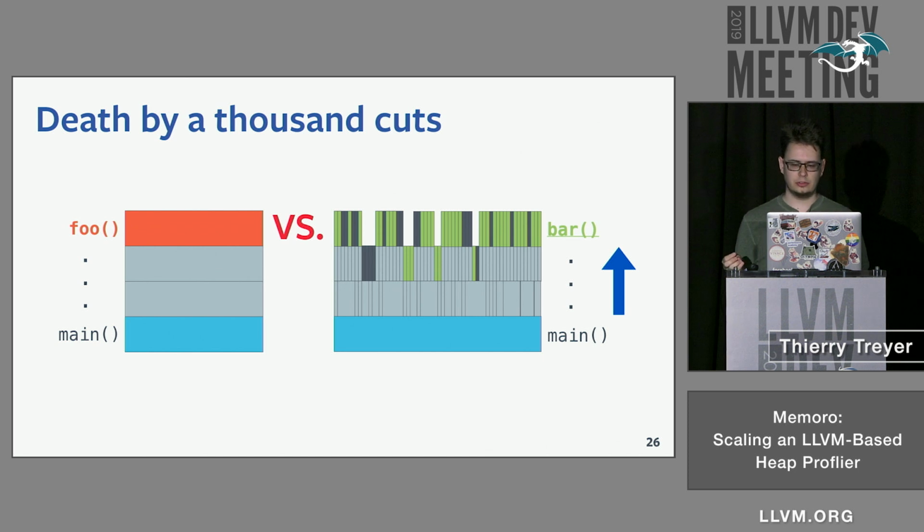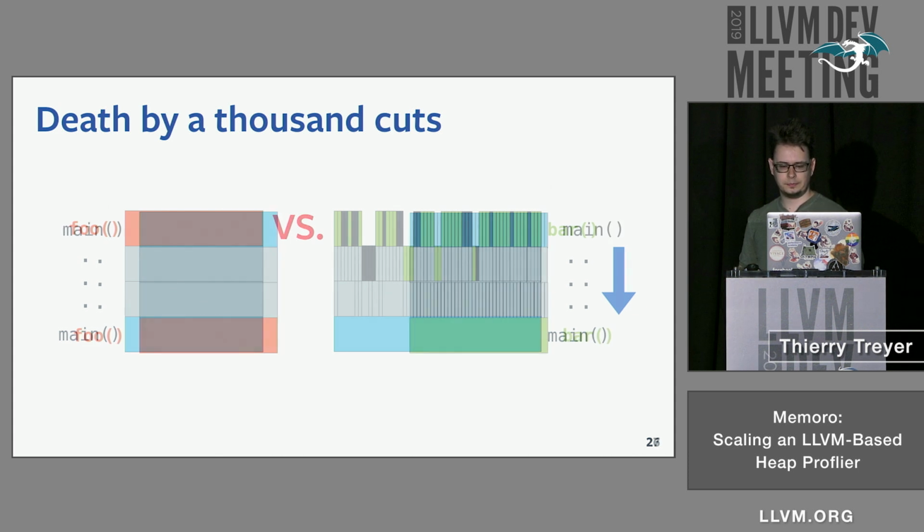So one solution to still highlight the impact of bar would be simply to build the stack trace in the reverse order. So keeping the same way of building the stack tree, but instead of starting from the bottom of the stack frame, you start from the top, just reversing the order of the build.